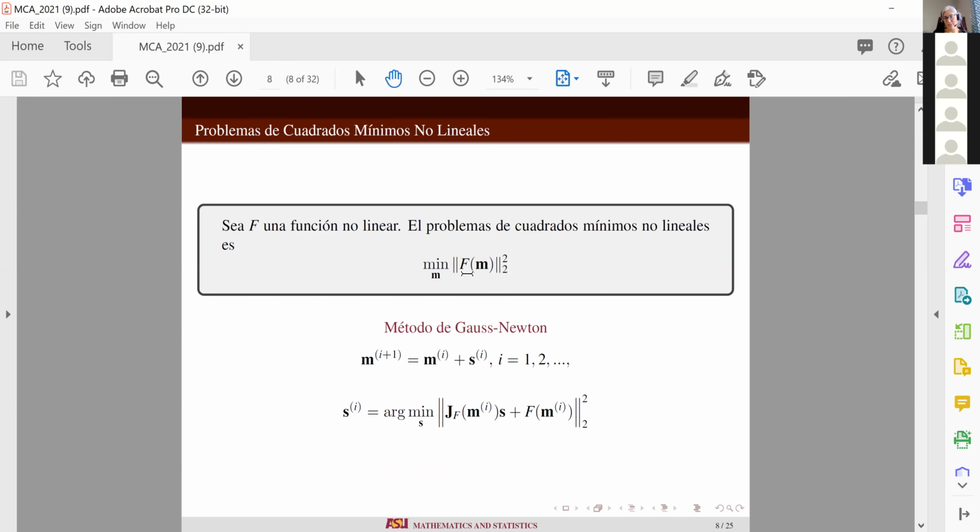Right, so we have a nonlinear function. We are going to linearize using Taylor, basically. So we put that there. In general, we have the f first, and then the J, right? The function plus the derivative. Here I changed the order. It doesn't really matter. And we are going to iterate.